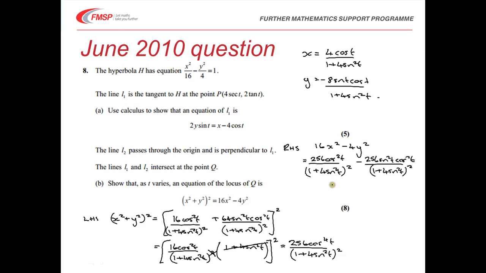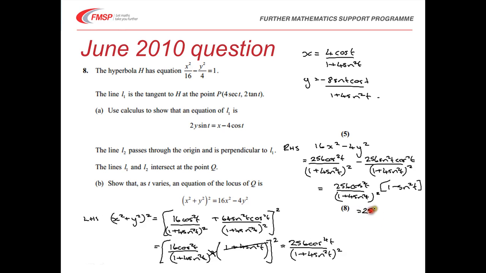Okay, so again we've got lots of common factors here. We've got the whole of the first term, in fact 256 cos squared t over 1 plus 4 sine squared t, squared, times 1 minus sine squared t. And of course 1 minus sine squared t is cos squared t.